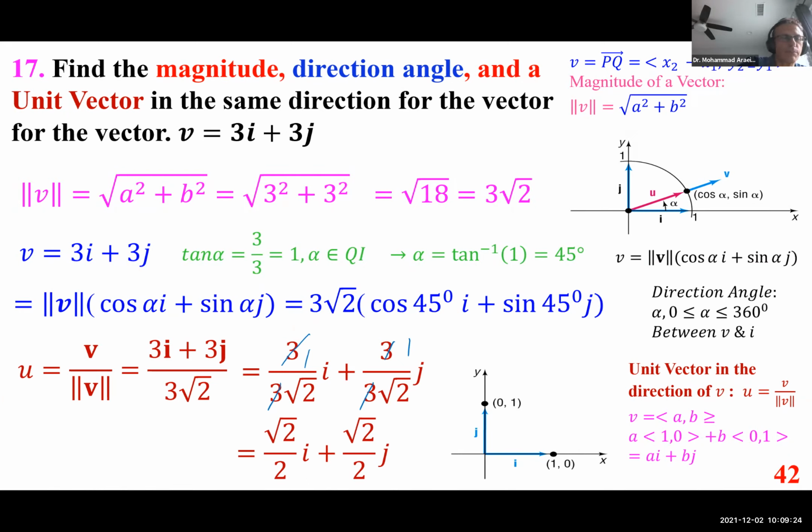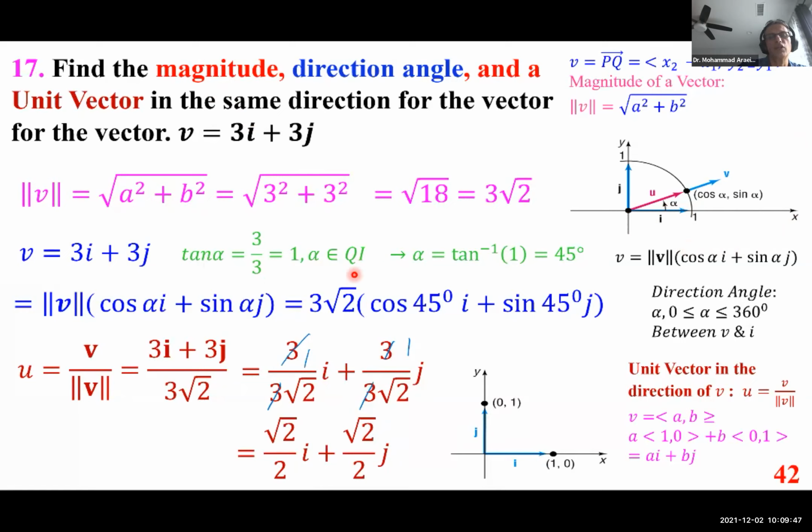So a quick recap before we move on. What is the magnitude? Square root of a squared plus b squared. Direction angle, the angle that the vector makes with the x-axis. How do you find it? Tan of alpha is y over x.